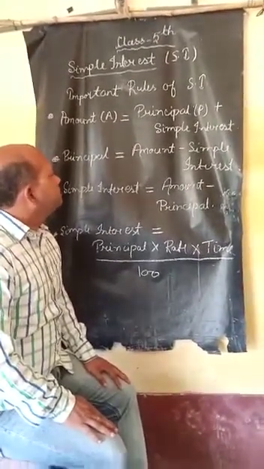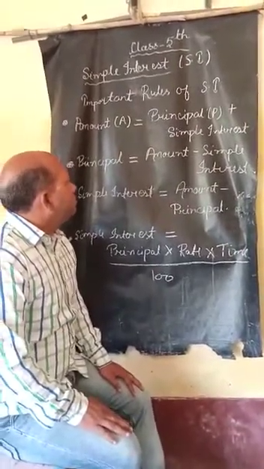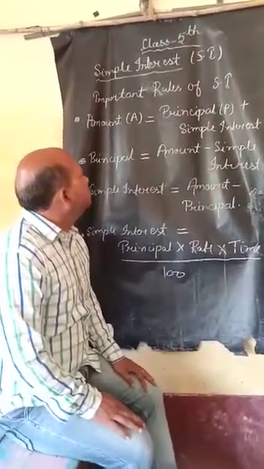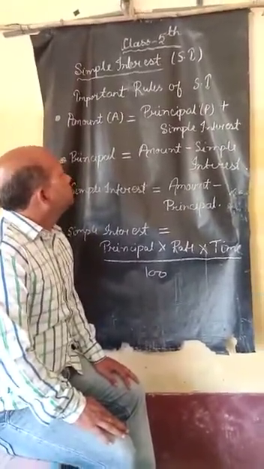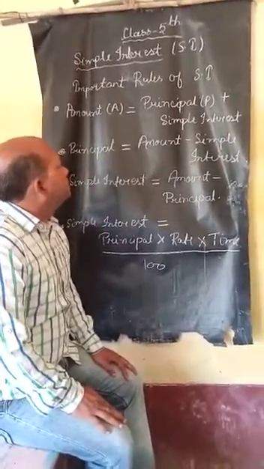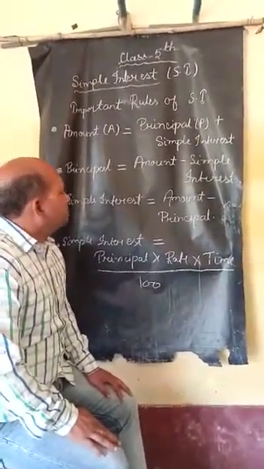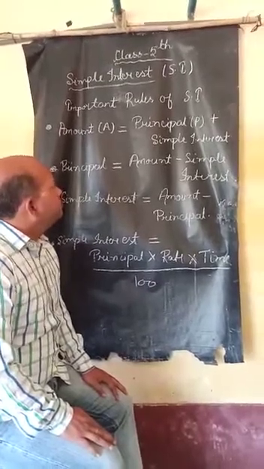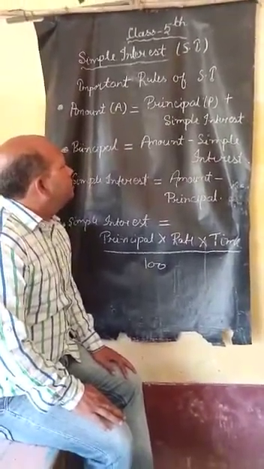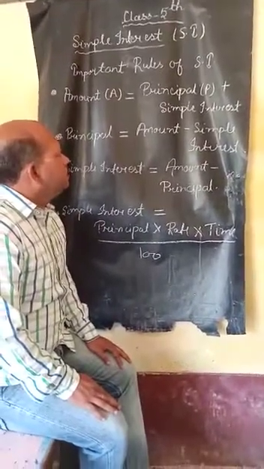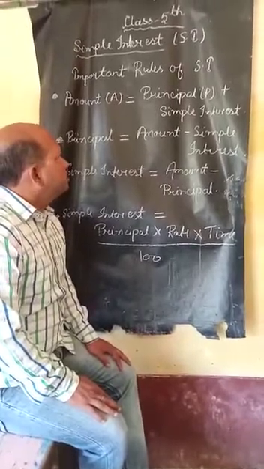Here we learn about simple interest. First we know what is simple interest. We denote its abbreviated form as SI. S means simple interest. What is simple interest? When we take or give money, then when we return it, we pay some more amount.